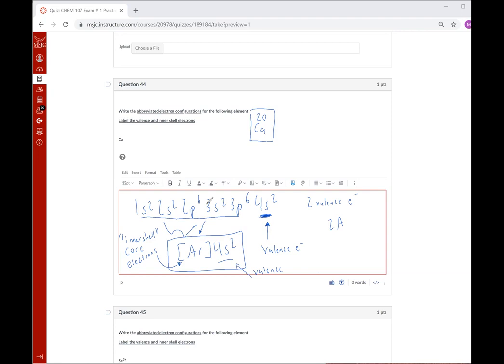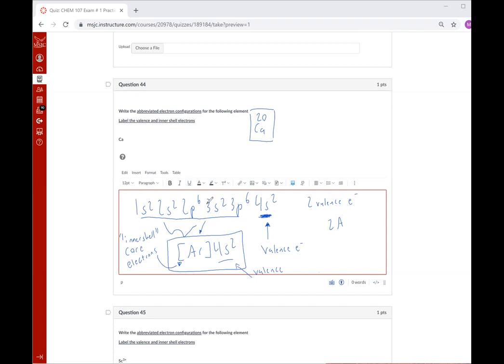Yes, thank you. So the answer that we type in, I'm sorry, I'm kind of confused. Is Ar 4s2 acceptable? I just put it in the chat. That's more than okay. And the inner shell electrons are abbreviated using the symbol for argon. Oh, okay, got it. All right, thank you.